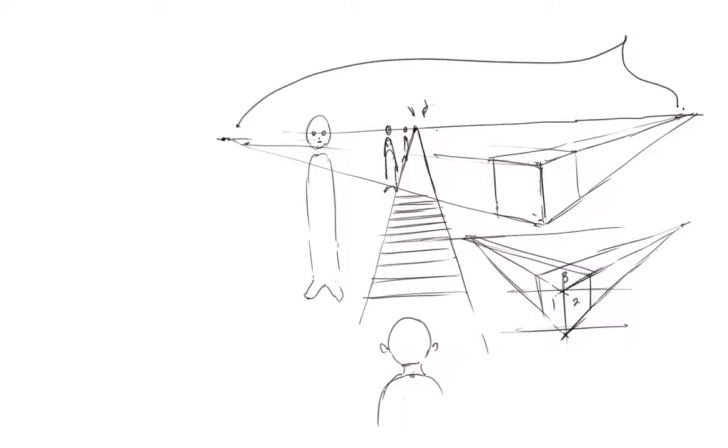It's these lines, and then these lines, right? And it's 3 sets of lines, all of which will converge.